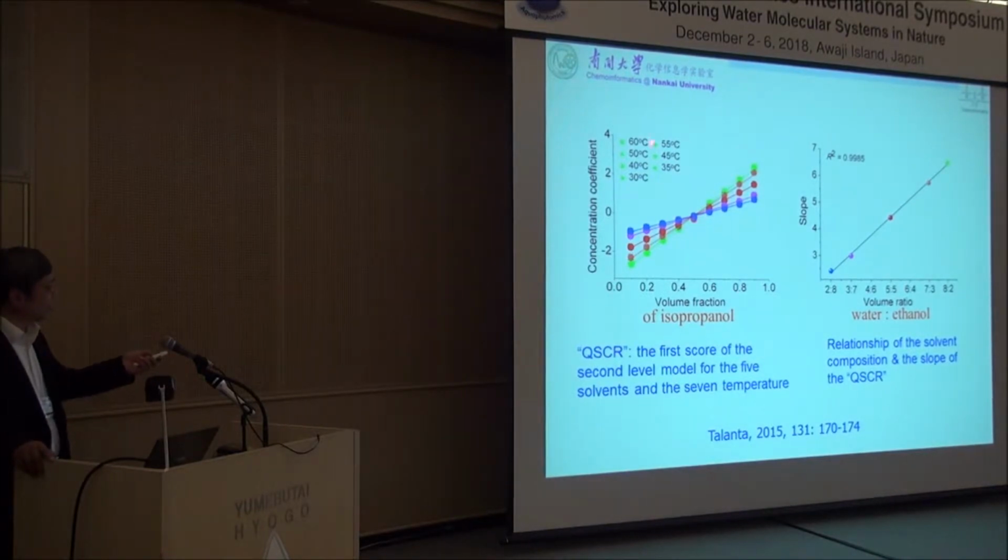All 7 temperatures get the same point. So the temperature is completely removed. And similarly, if we compare the slopes of the 5 straight lines, we can also get this one. So this also means the composition of the solvent can be predicted.